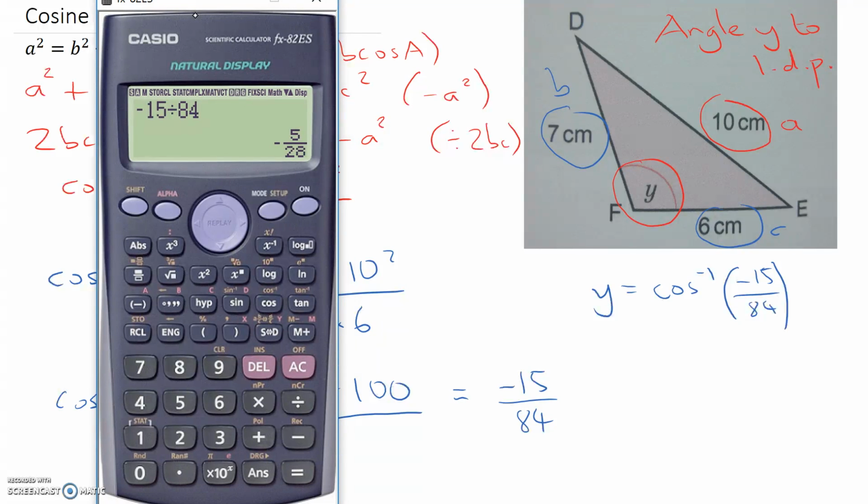So let's evaluate that. We can do it from scratch. We need shift cosine to get the inverse cosine of negative 15 divided by 84, which gives us 100.2865606.